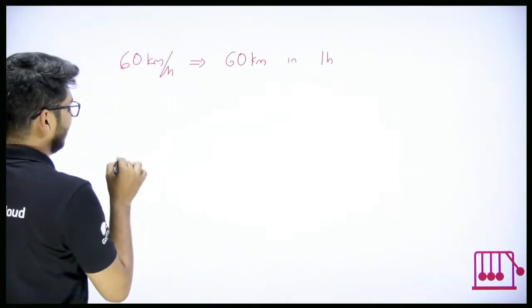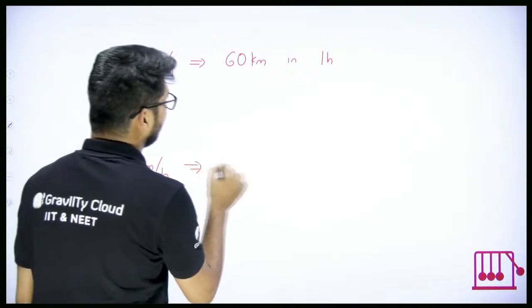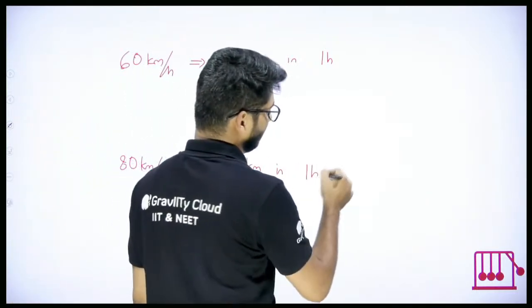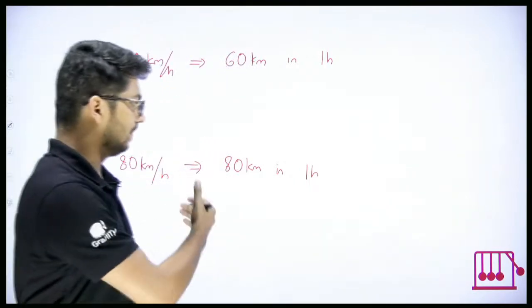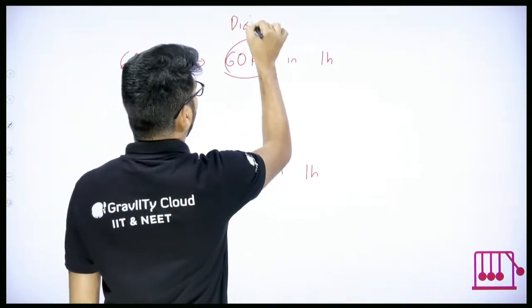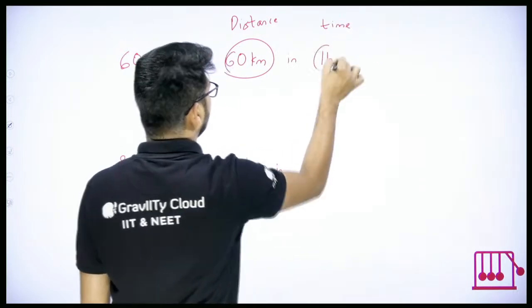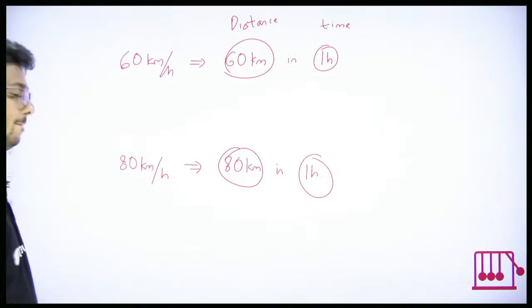If I take it as 80 kilometer per hour, what does that mean? It means 80 kilometer in 1 hour. Right? So, using this, what is 60 kilometer here? Distance. What is 1 hour here? Time. Yes or no? 80 kilometer is distance, 1 hour is time.